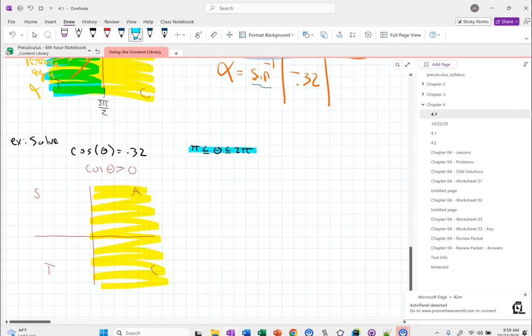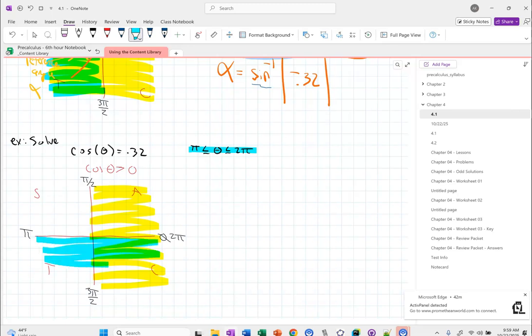The next piece that we're going to do is from the quadrants covered by 0 to 2 pi. So again, I'm going counterclockwise because these are positive values. So from pi to 2 pi was quadrants 3 and 4.